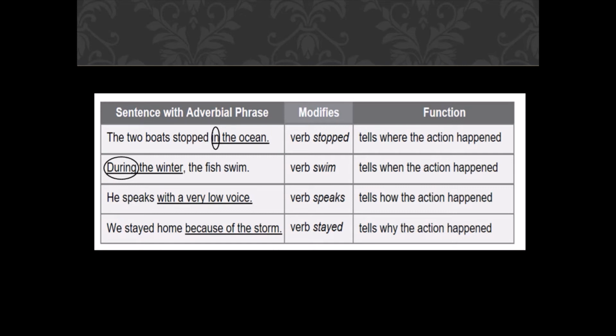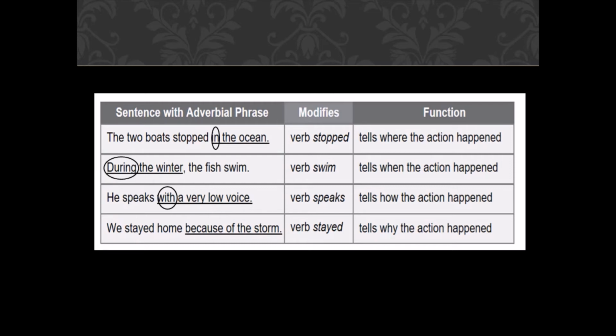Next one. He speaks with a very low voice. And our adverbial phrase is with a very low voice. It modifies our verb speaks. Now, the first word in our adverbial phrase is with, and it tells how the action happened.